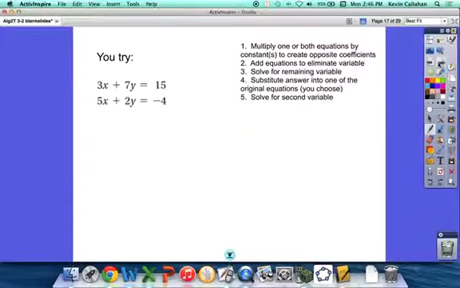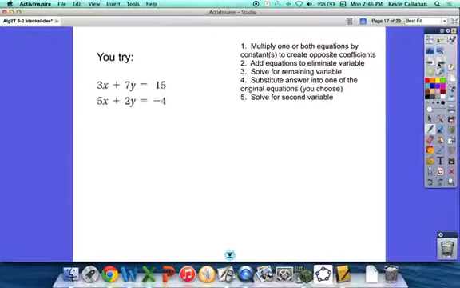Whatever you choose to multiply by, you're going to have to multiply all three terms by it, the left and the right, every term.